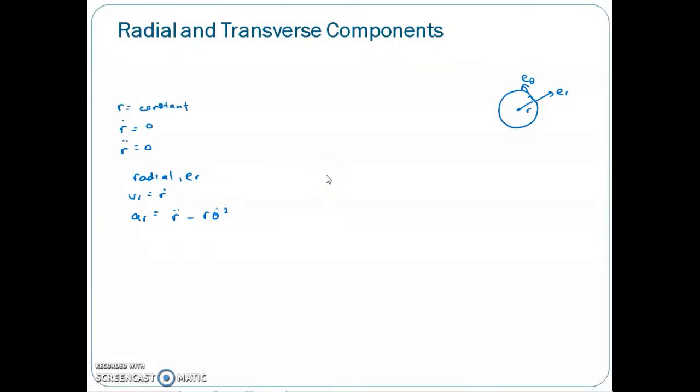And in the transverse direction, e_theta, we have our v_theta equals R theta dot, and our a_theta equals R theta double dot plus 2 R dot theta dot.